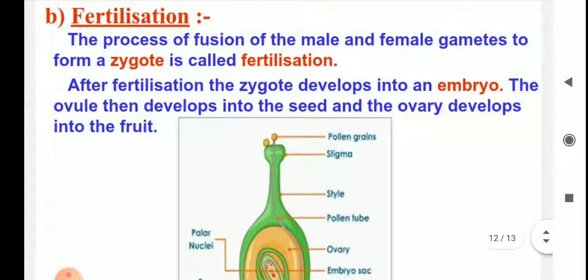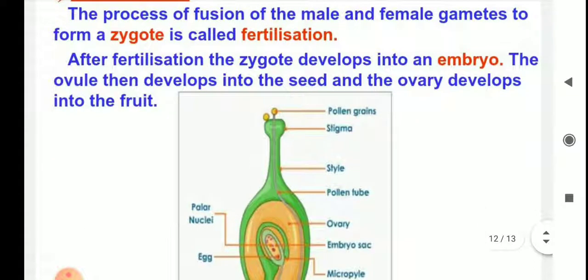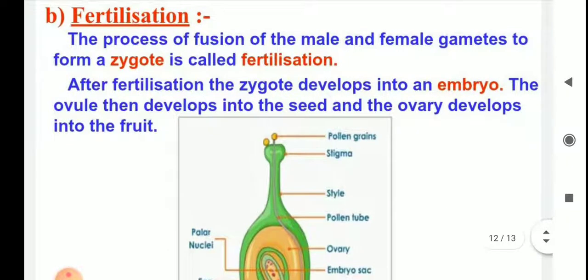After fertilization, the zygote develops into an embryo, the ovule then develops into the seed, and the ovary develops into a fruit. Understand?